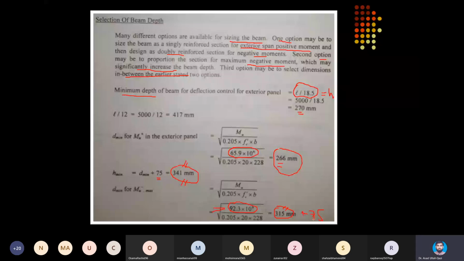Then 4 into 75 plus then comes the plate for the slab on which I will pour the concrete of the slab.